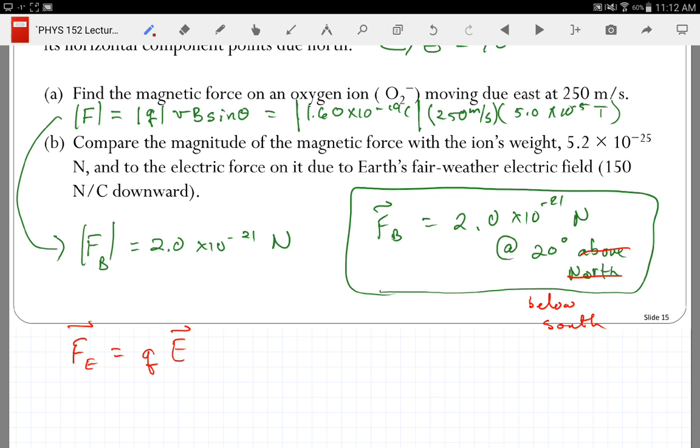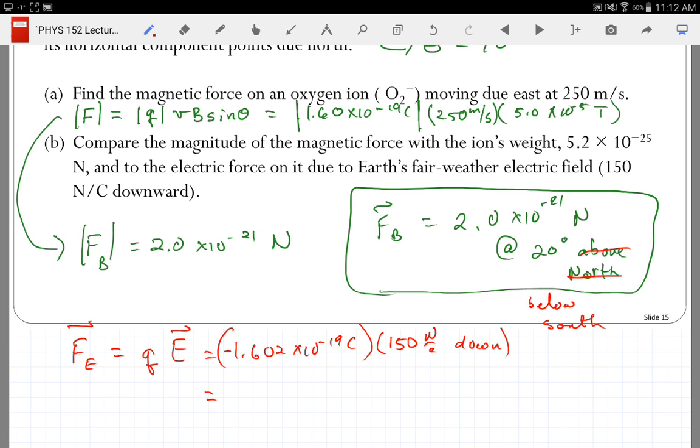And so I have to look at that. Okay, so now this one here can be 1.602 times 10 to the minus 19 coulombs. Negative sign, because I'm not using absolute value. And then 150 newtons per coulomb down.